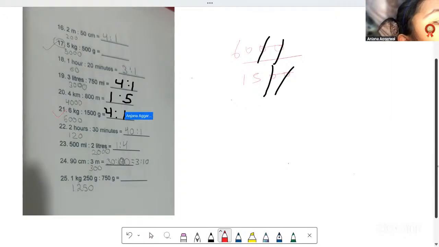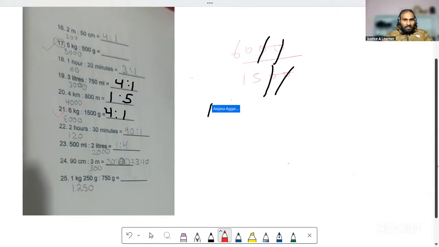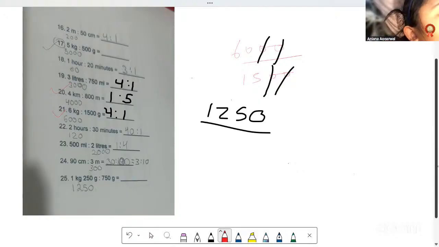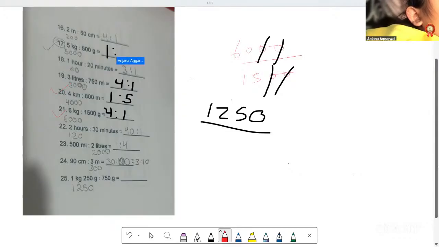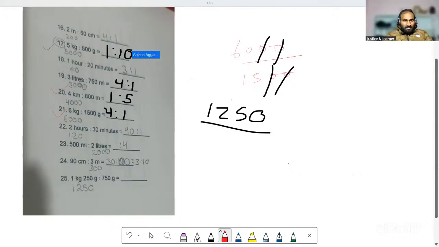And what about this 20th question? Check this once again. That's 110. 110? Which one? This one. I'm asking about this.